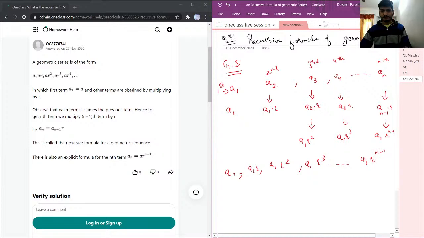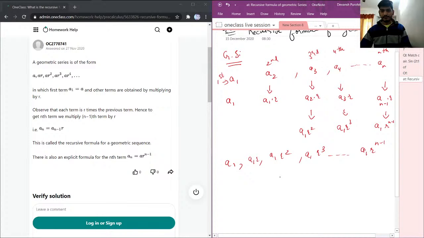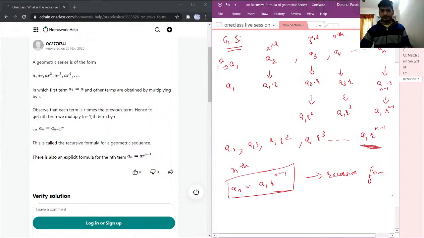To calculate the nth term, we have An equal to A1 r power n minus 1, and this equation is called the recursive formula. So the recursive formula is nothing but a way to calculate the nth value of a geometric series.